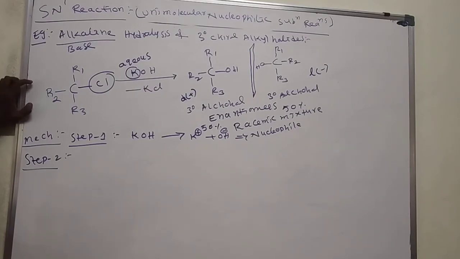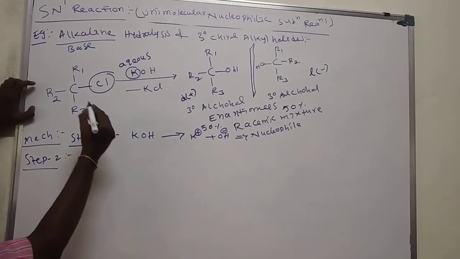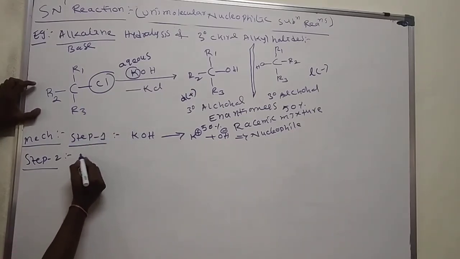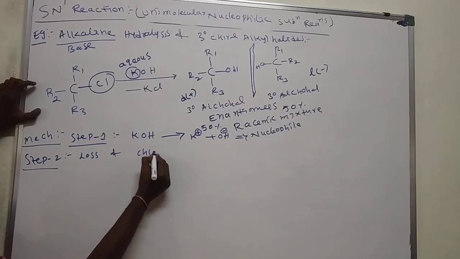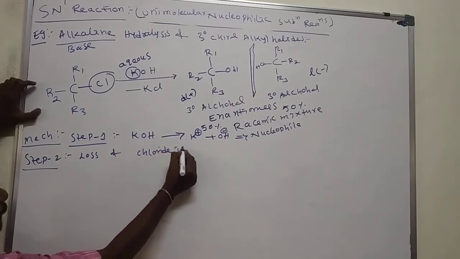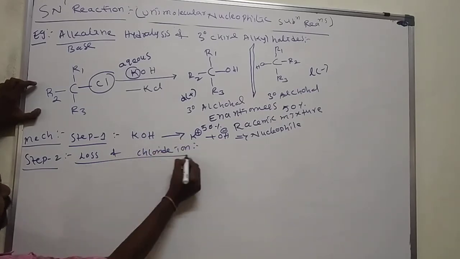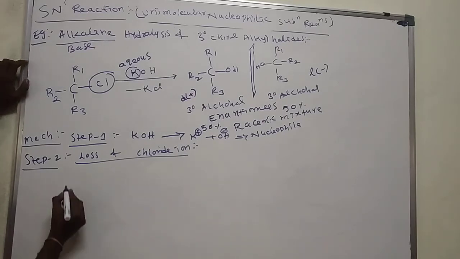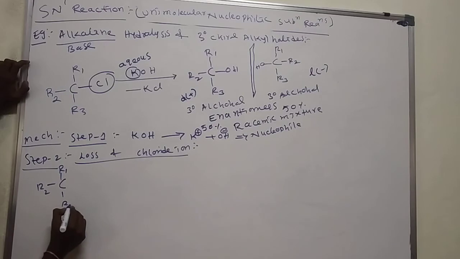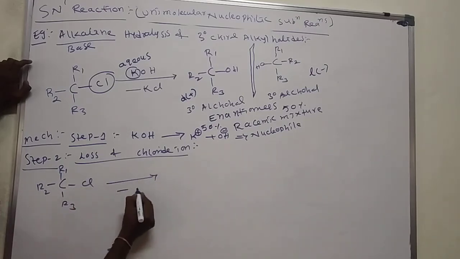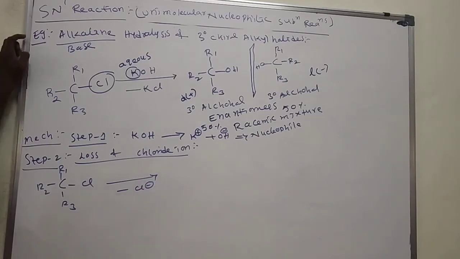Step 2. In step 2, we have loss of the chloride ion. See, carbon, R1, R2, R3, Cl. It loses the Cl minus ion.